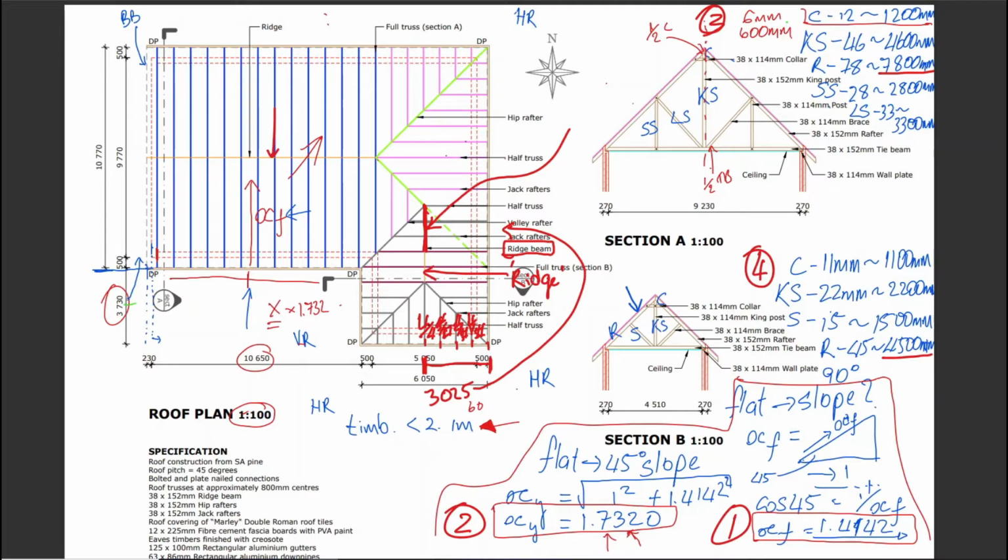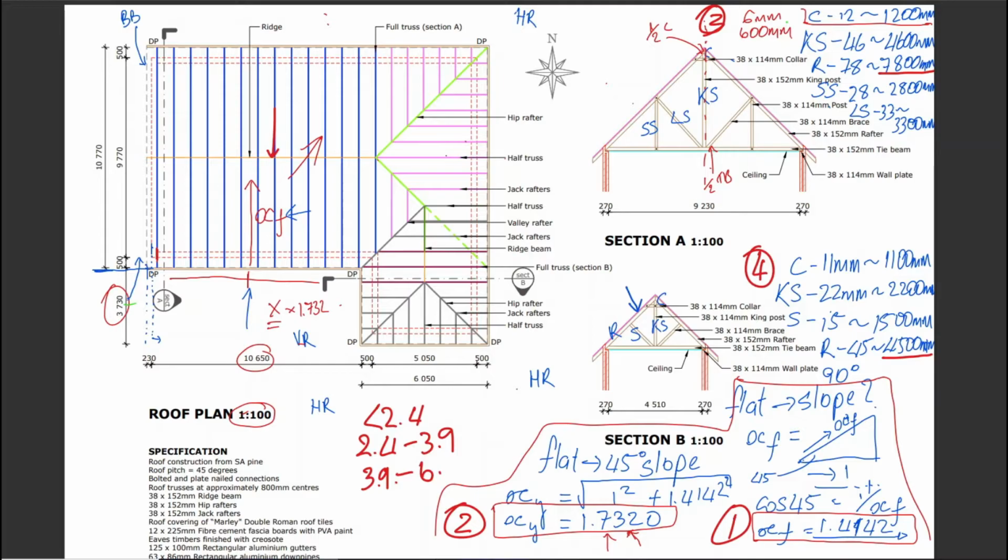And then what I'd actually do is to get all the values up front so that you know where to group them according to your standard system. So less than 2.4, 2.4 to 3.9, or 3.9 to 6.6, right?